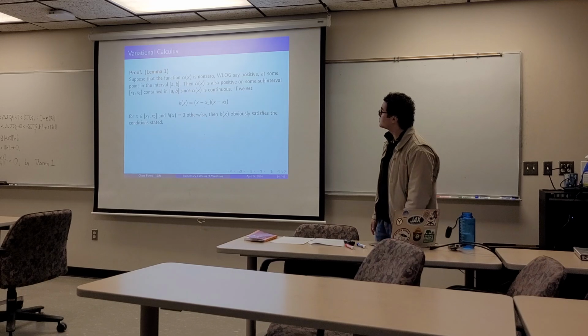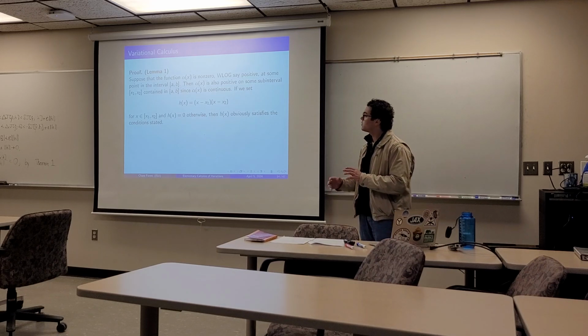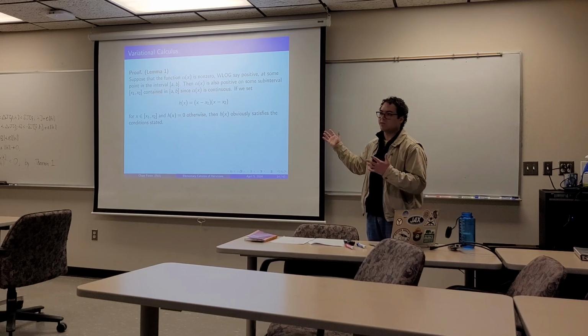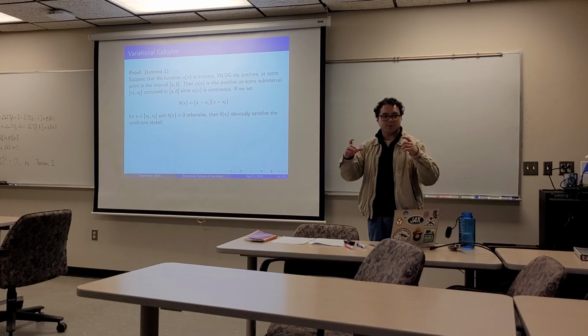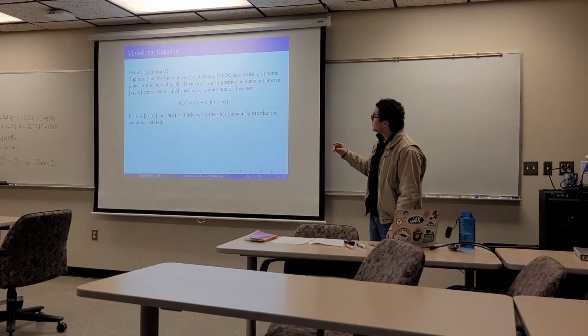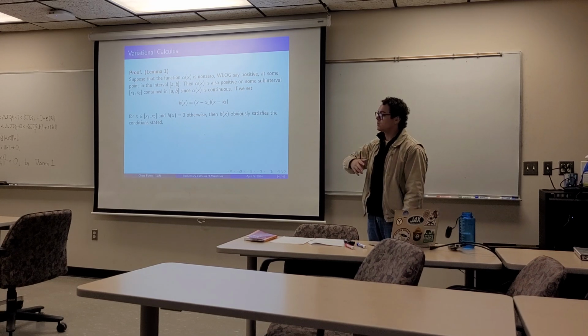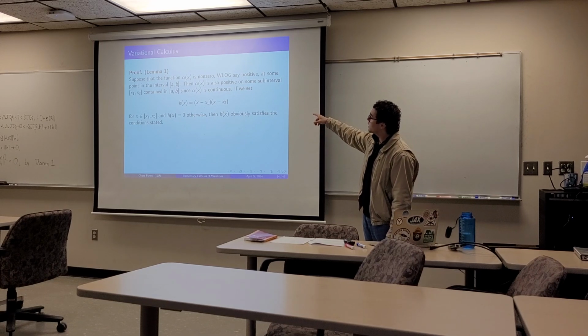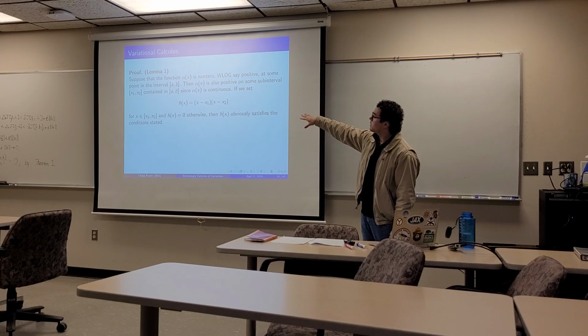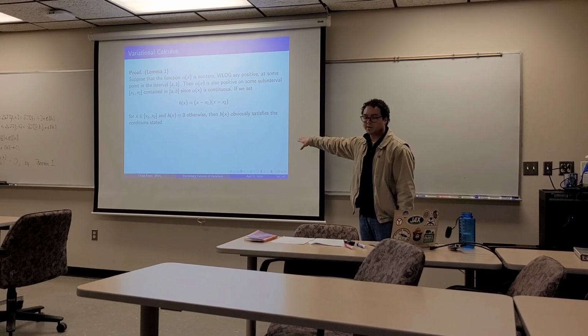So we prove this with contradiction. Let's say that alpha is non-zero. In this case, we'll just say positive at some point inside the interval. So since it's continuous, there's some subinterval over which it's also positive. And then what we do is we choose our function, since this works for all continuous functions. We use this polynomial function here, h. And since we evaluate this at x1 or x2 and get 0, our boundary conditions are preserved.